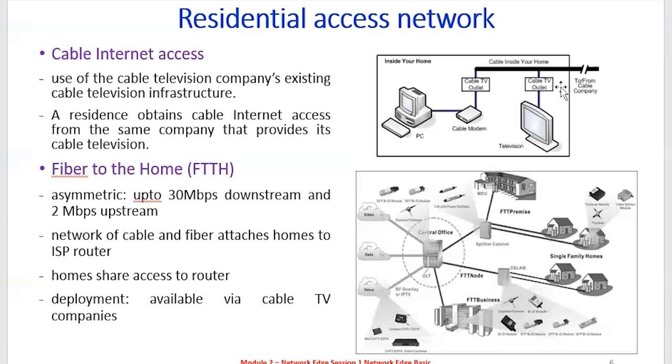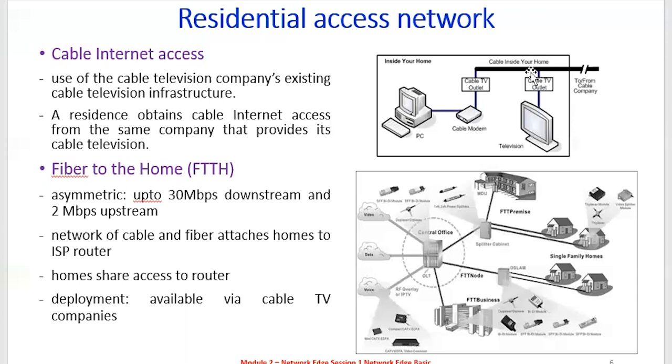So there is a cable TV outlet, which will be connected to your television and you watch your programs. The same cable, you can put a cable modem, and this can provide you the internet. Okay, so in case of DSL, we use a telephone network, whereas in case of cable internet, we use your cable operator, that same television infrastructure.